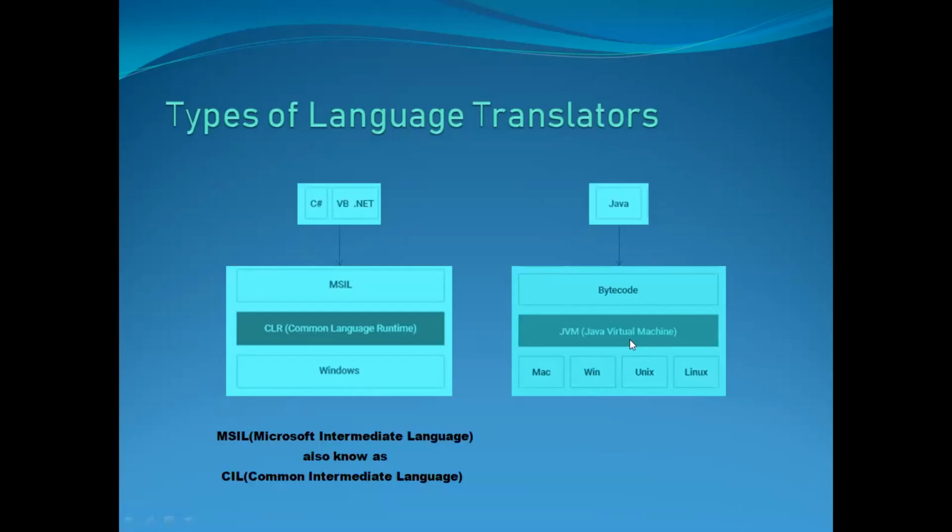In fact, its program is processed through two stages. First, it is compiled into bytecode, then it is interpreted through JVM. Similarly, C# or VB.NET programs can be executed on any Windows platform, but their programs are first compiled into MSIL, which is known as Microsoft Intermediate Language, or also known as Common Intermediate Language.